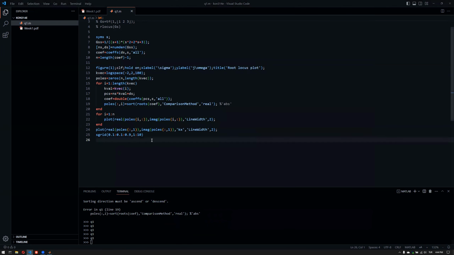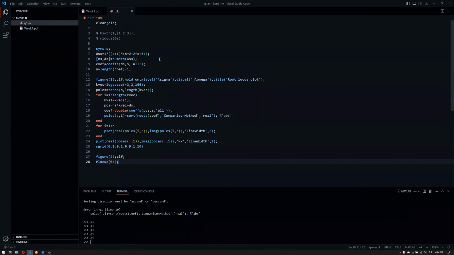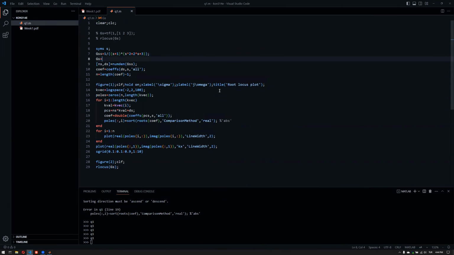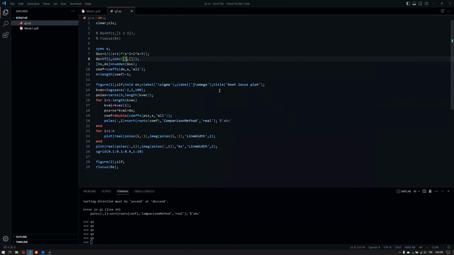So let me also plot the actual Root-locus that is generated by the Root-locus command here. We didn't create GS, I guess. So when I define GS, and if the polynomial order is going up, like for this example, I like to use convolution here. I provide the coefficients of the polynomials, and it will just carry out the operation that is necessary.